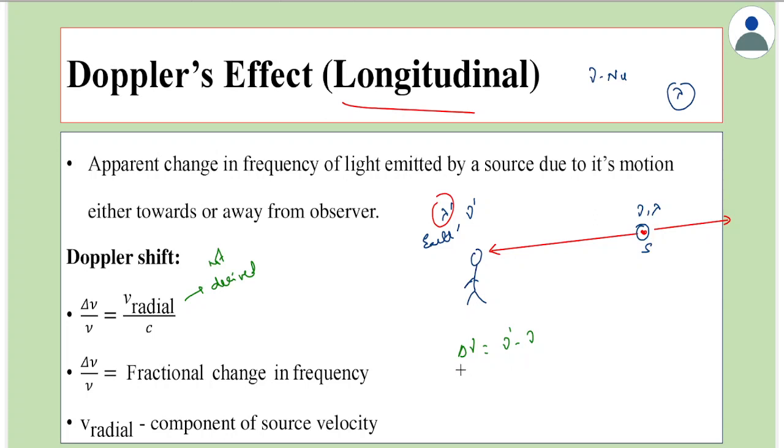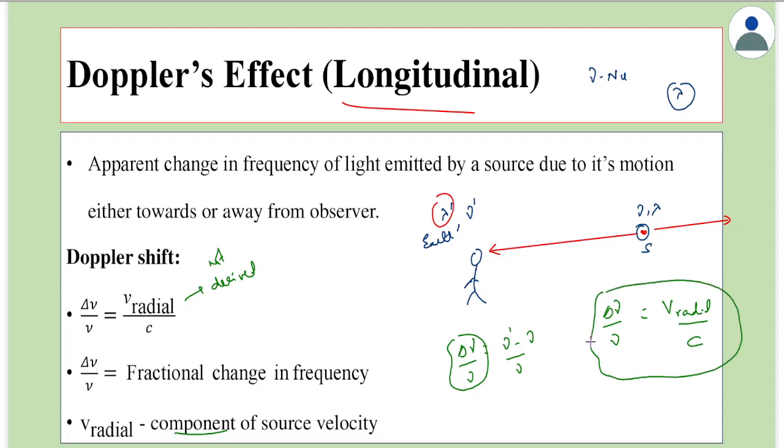And if we divide that by the original frequency nu, this term is called the fractional change in frequency. So delta nu by nu is equal to v radial by c, where v radial is the radial component of source velocity and c is the speed of light in free space or vacuum.